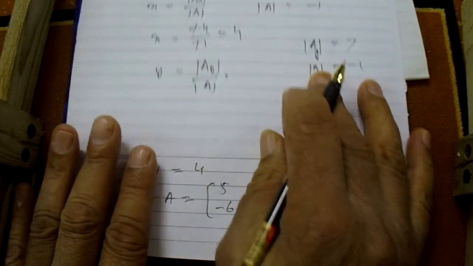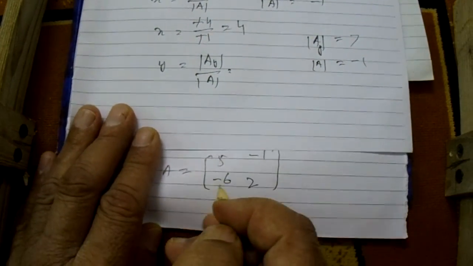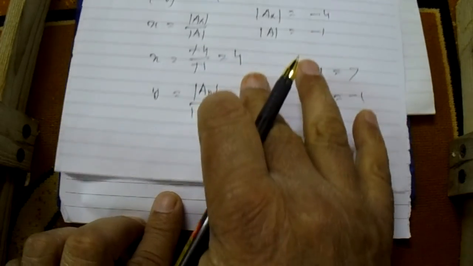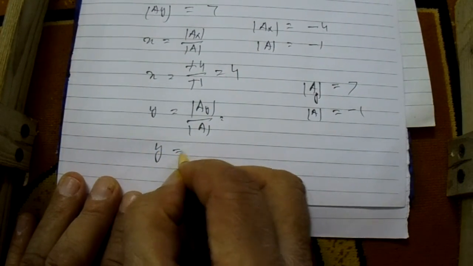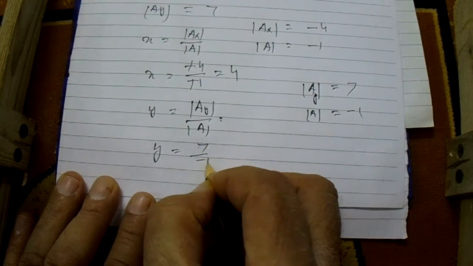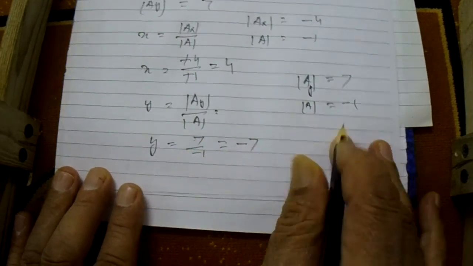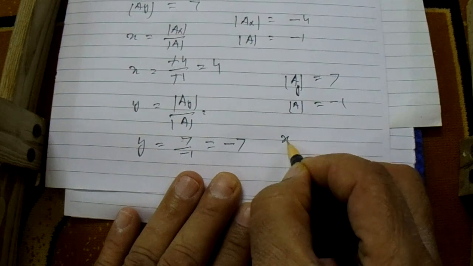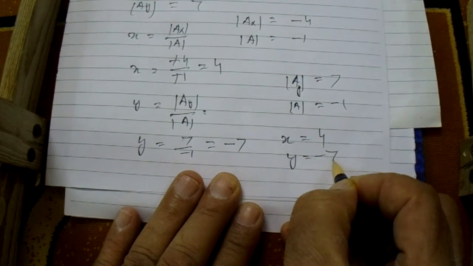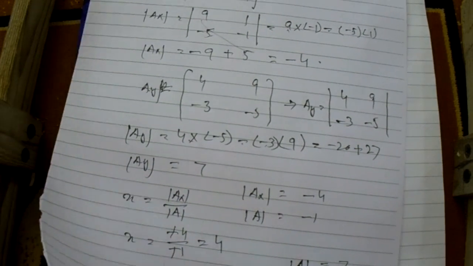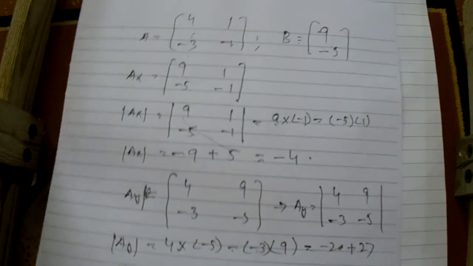We put this value here: y is equal to 7 over minus 1, which is equal to minus 7. Now we have x is equal to 4 and y is equal to minus 7. This is the solution of the sixth part of this question by Cramer's rule.